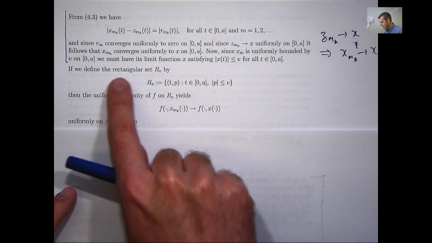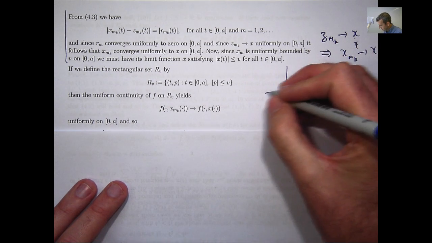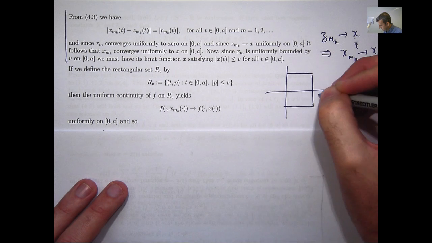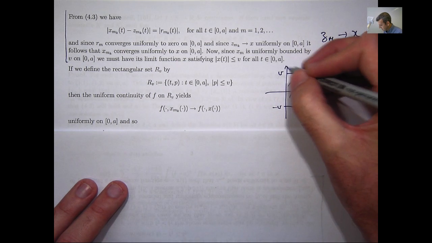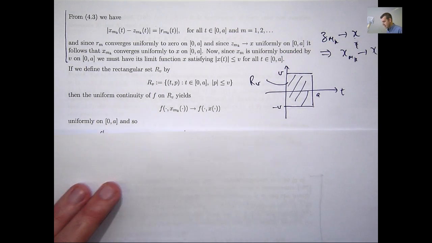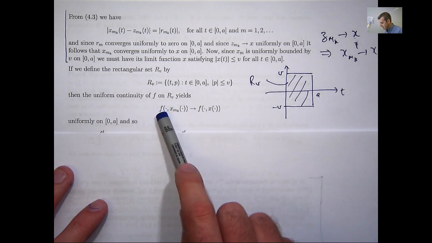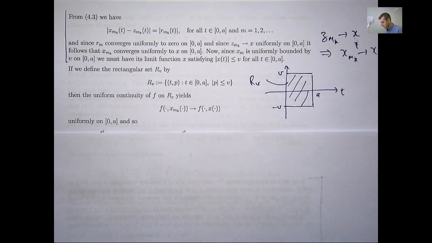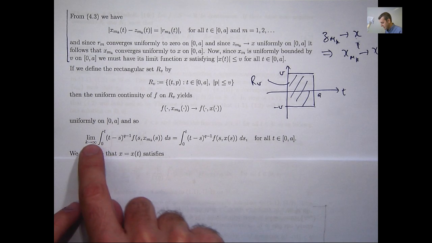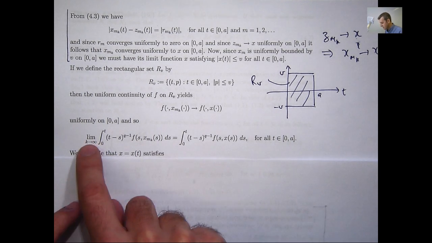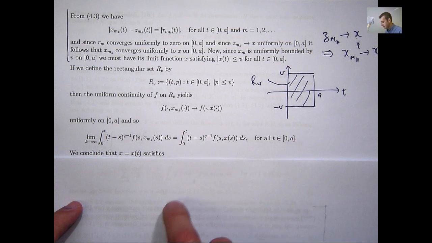And if we define this rectangular set, R sub v, as this, so it's something like the following, then the uniform continuity of little f on this yields the following uniform convergence on this interval. So what does that mean? Well, if I move to the subsequence here, I can move this limit inside and I obtain this.